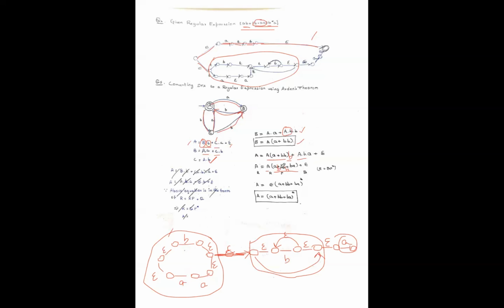Epsilon, and P star is AB plus BBB plus BA. This is P. So we need to take whole star. So this is your final regular expression for this given DFA.